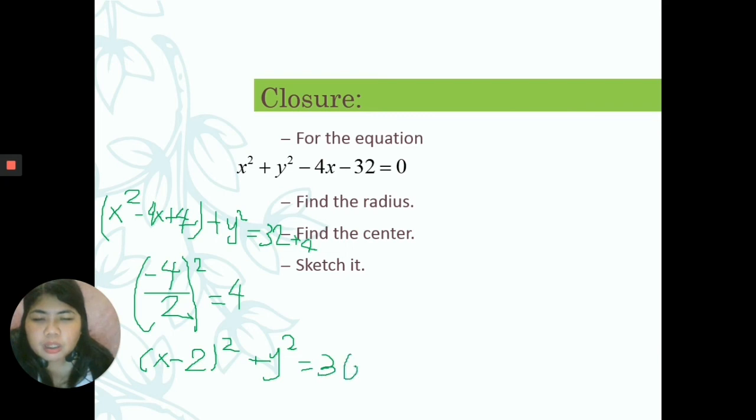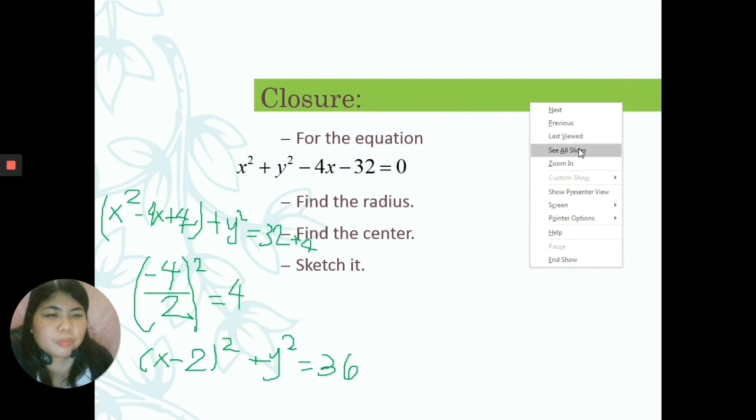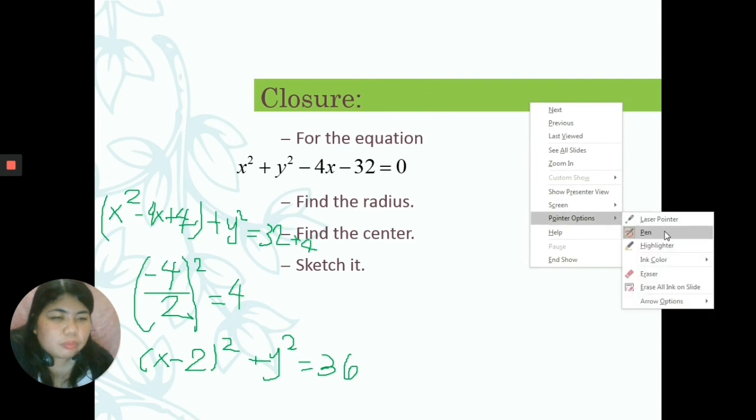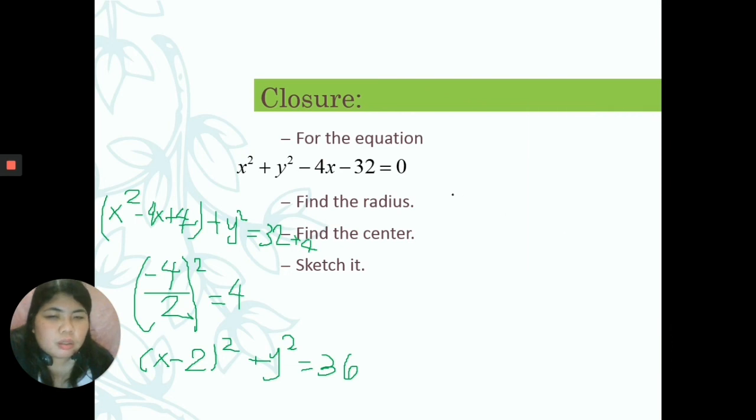So now we can see the coordinates of our circle. The radius is the square root of 36. I'm sorry about that.